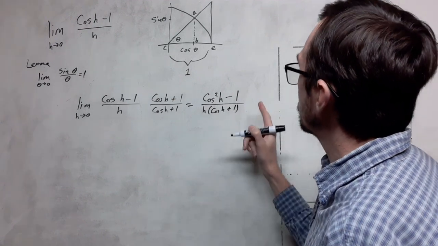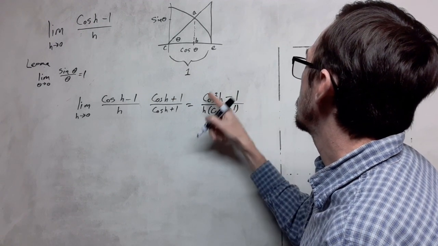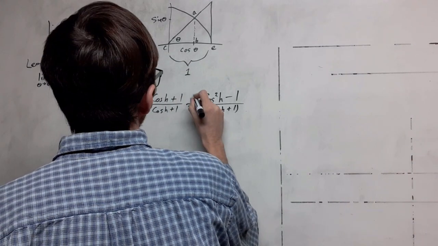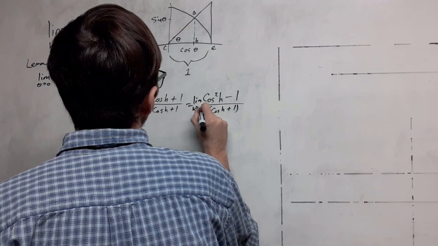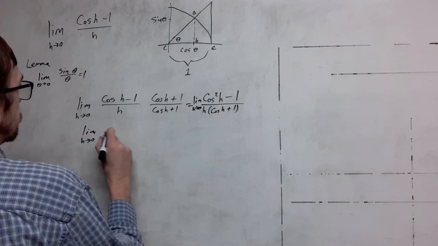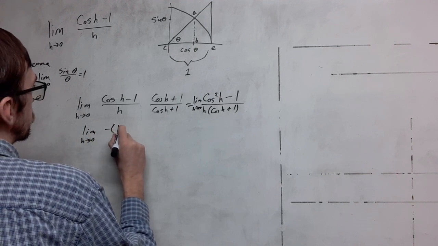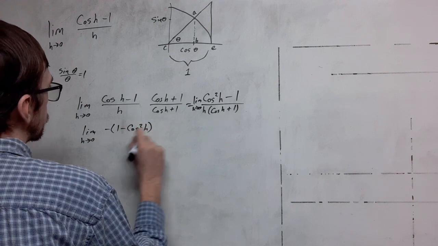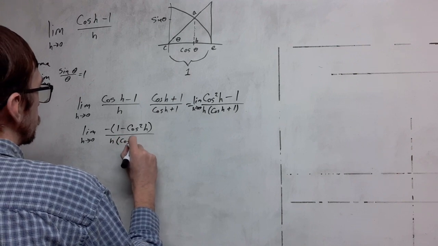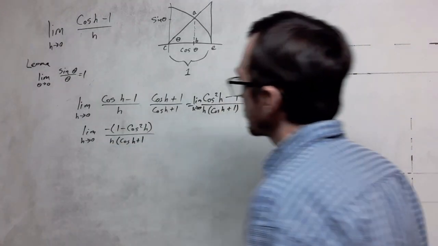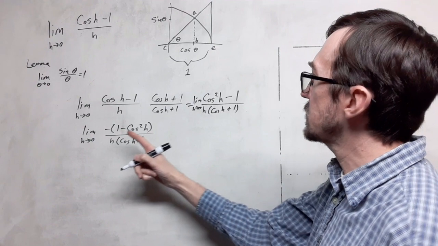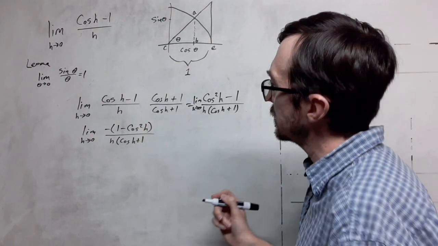I'm going to pull the negative out of this. We're continuing to do the limit here. Pulling the negative out, we can see that this should be recognizable as a trig identity that we should know.